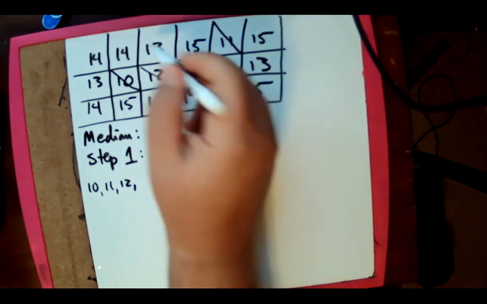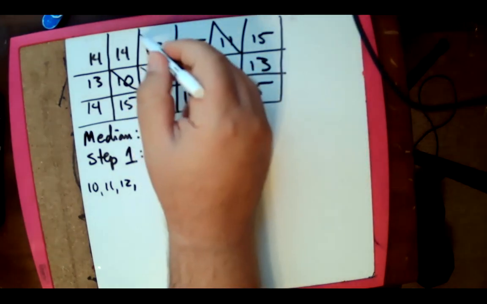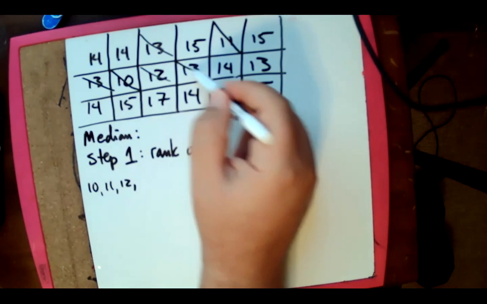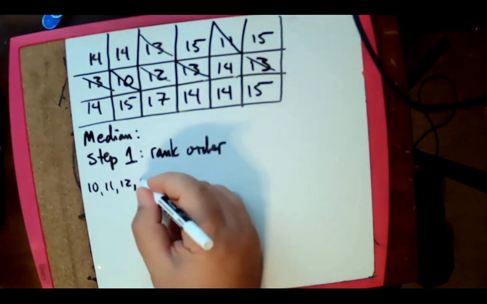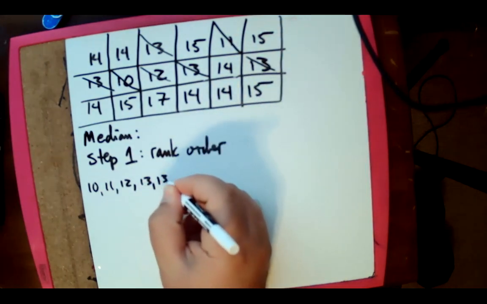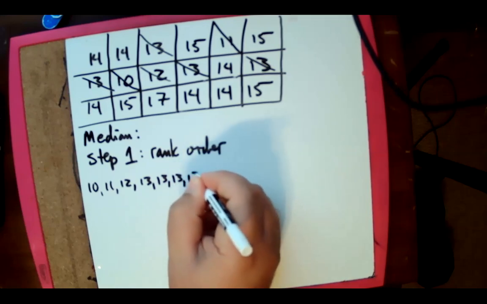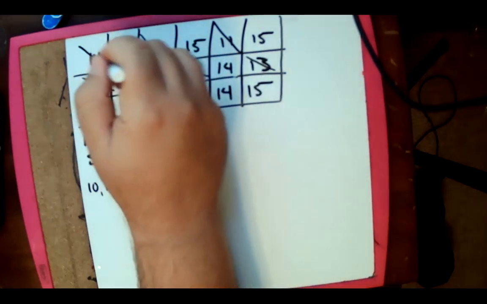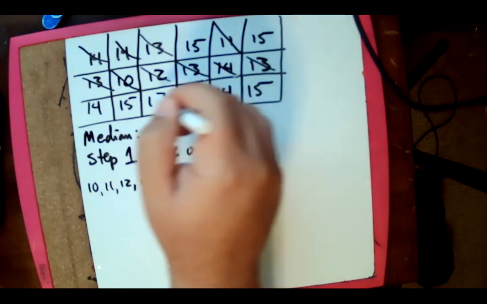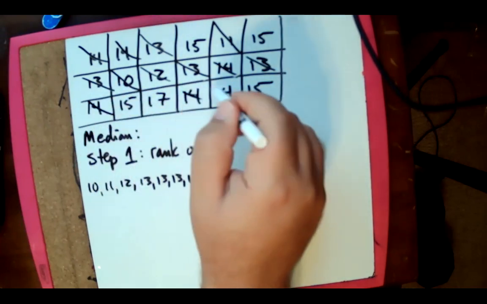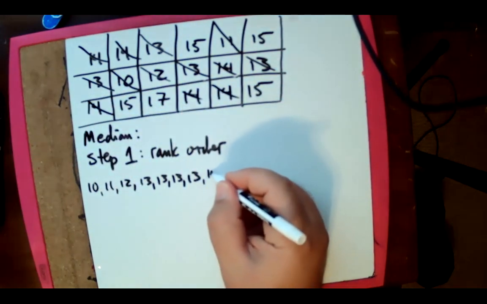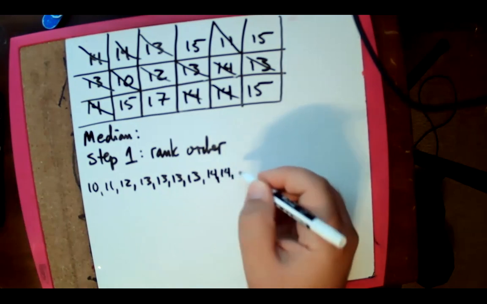Got it, right? Then is it only one 12? Yep. 13s. We have 1, 2, 3, 4. 4 13s. 14s. We got 1, 2, 3, 4, 5, 6. 6 14s. Hope I have enough room here.